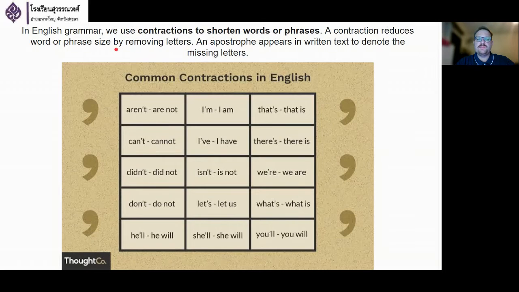It removes the letters and combines them to make one word, a contraction. An apostrophe appears in written text to demonstrate the missing letters.